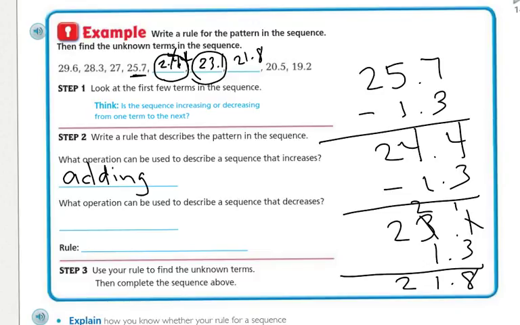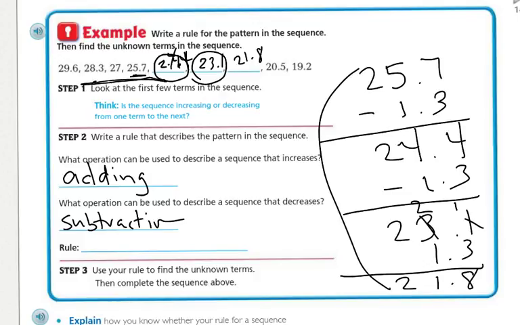Adding or addition. What operation can be used to describe a sequence that's decreasing? And that would be subtraction, right? And we already actually solved this problem. We know that it's decreasing, it's going down. So the rule that I can make is subtract. Okay, and the amount that I was subtracting was 1.3 because that was the difference between them.